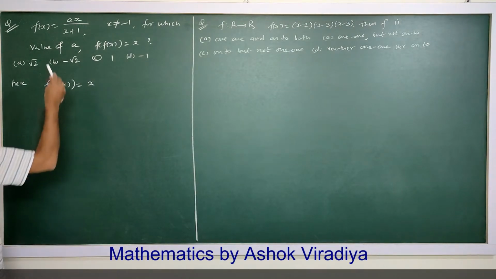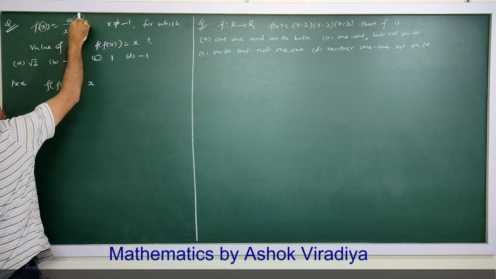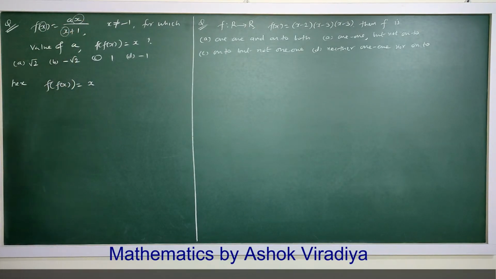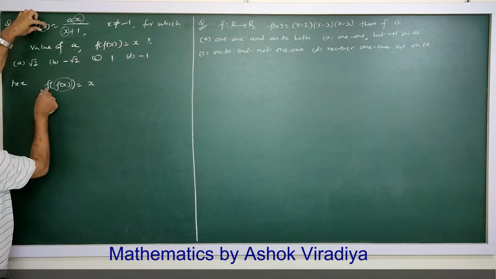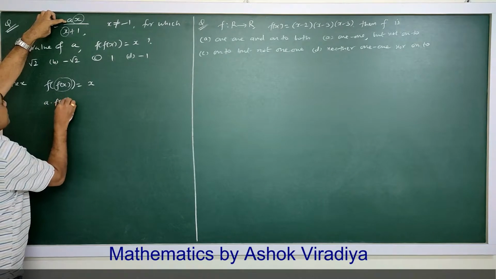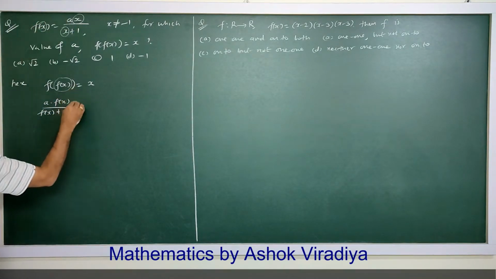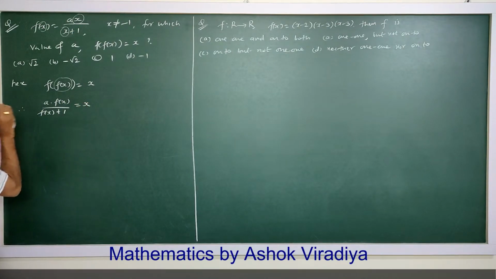For f(f(x)), I am replacing x by f(x). In this formula I am replacing x by f(x). So f(f(x)) equals a times f(x) upon f(x) plus 1, and this is equal to x.